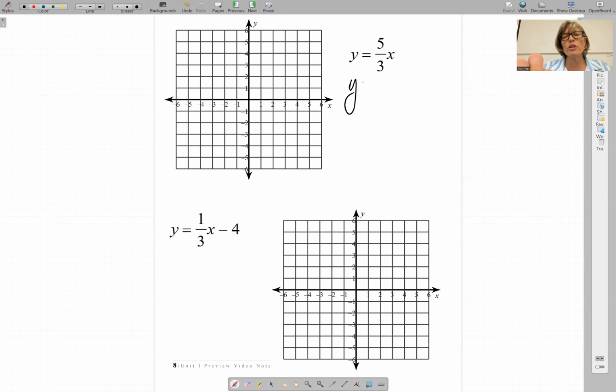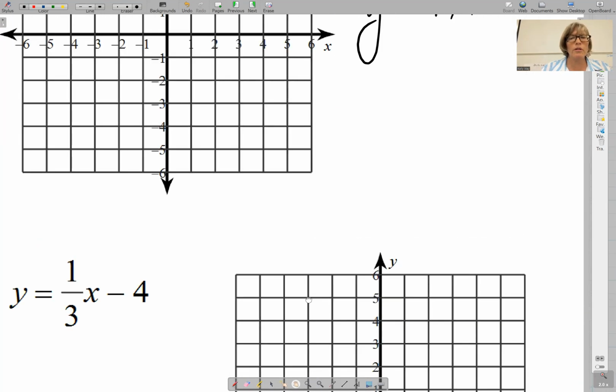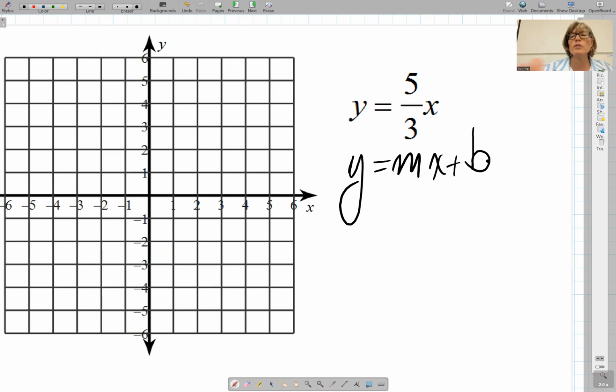Always write your equation, y equals mx plus b. In this case, you're like, there's nothing there. That's kind of the point, friends. There's nothing there. Therefore, your y-intercept is going to be 0. Your b is your y-intercept.